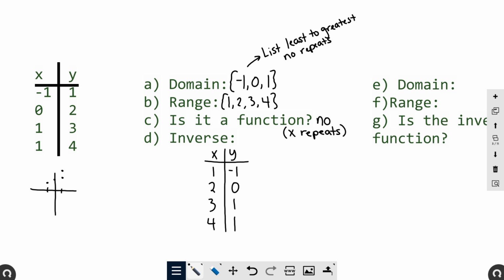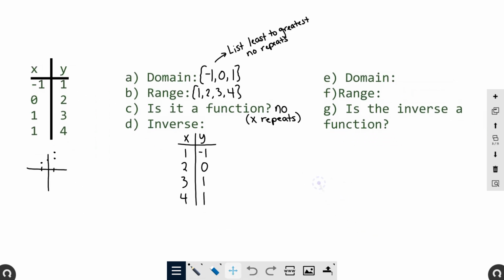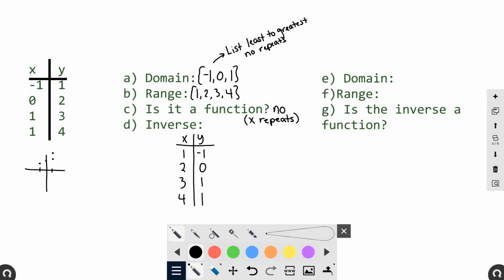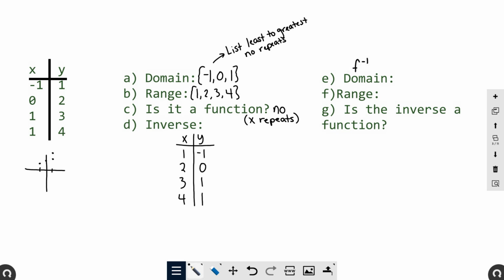So now to answer this next question, what is the domain? So these questions are all about the inverse, these last three questions. So now what is the domain of my new table? 1, 2, 3, 4. And what is the range of my new table?